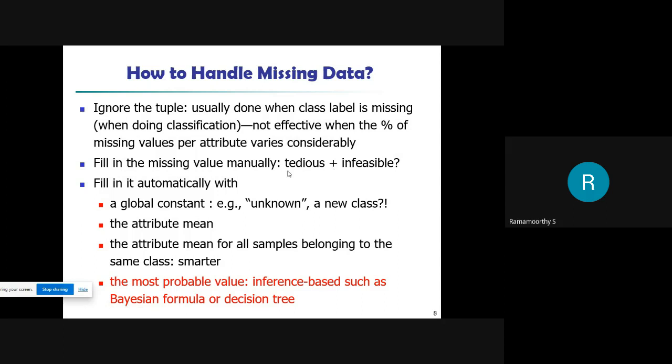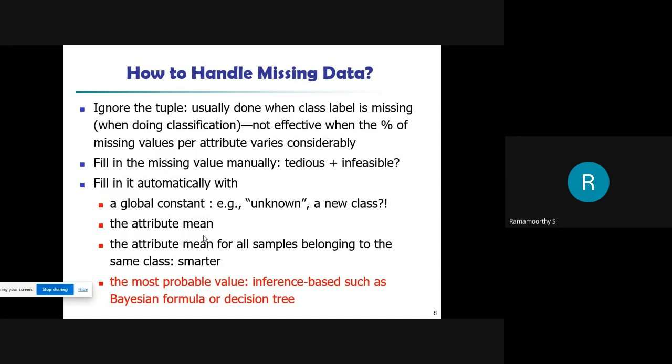Then fill it automatically with some global constant, something like "unknown", a new class you can create, and provide the values for that. Or sometimes you can take the attribute mean value, and based on that mean value you can fill the missing data.